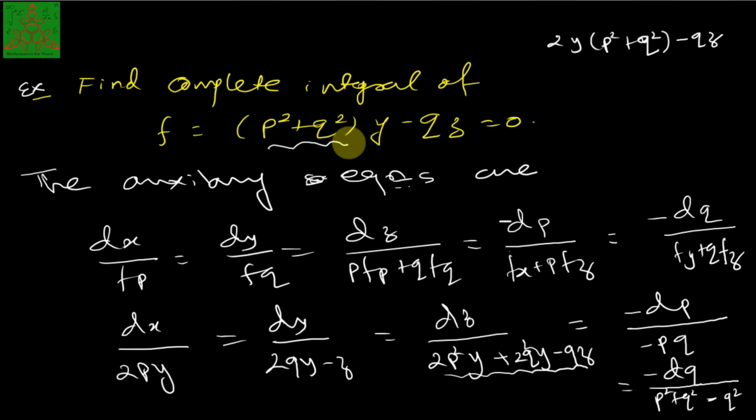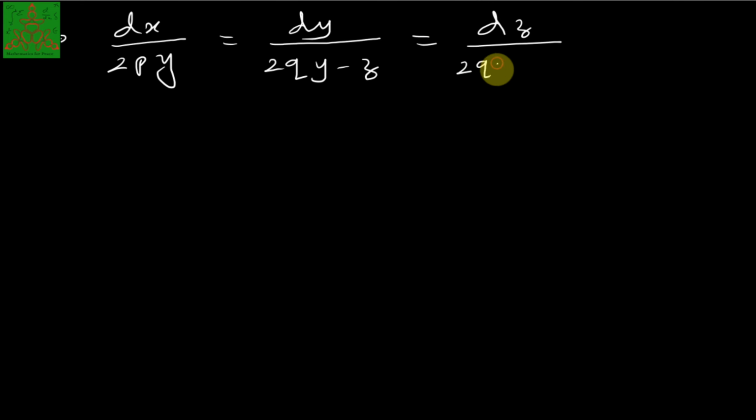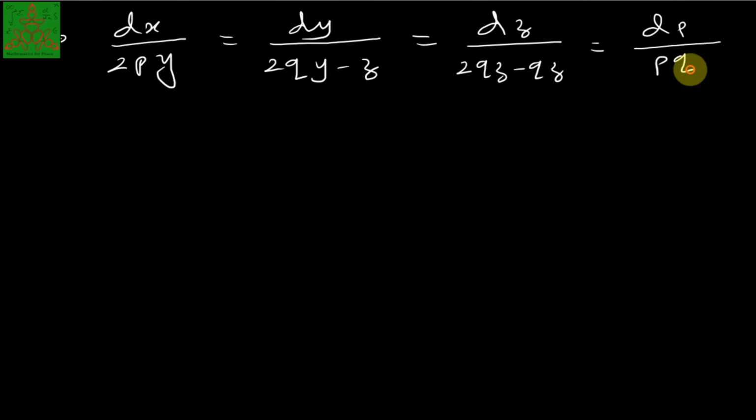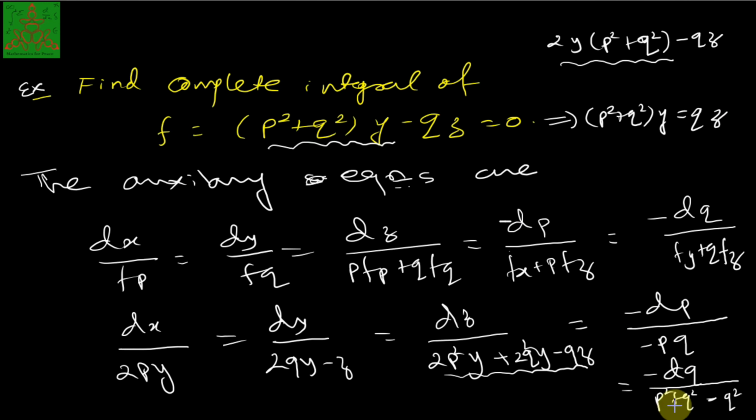But (p² + q²)y = qz, so this quantity will be 2qz − qz, equal to dp/..., just observe that the minus will cancel out, we will have pq, equal to dq/..., here the q² will cancel out, so we will have p².